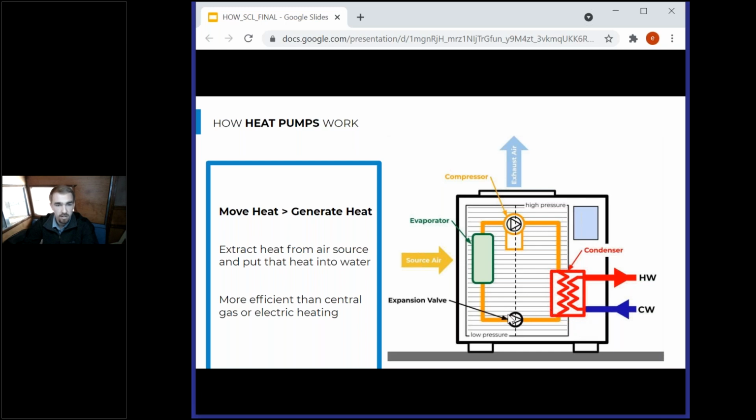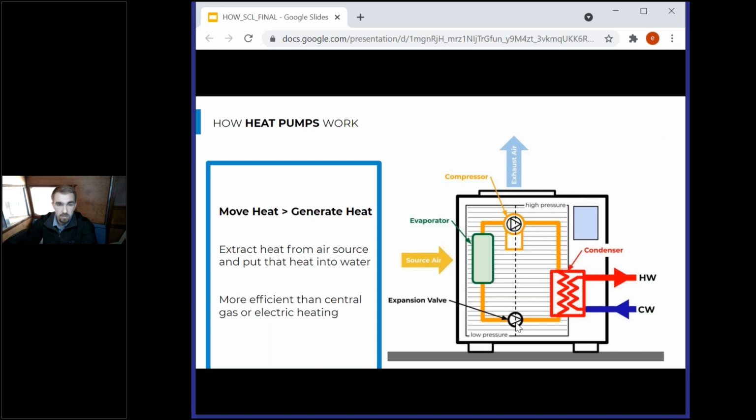So now, if you have a really cold half of the loop here, and now you have an air coil on this half of the loop, you can pass relatively cool air over that coil, and now that air is actually warmer than that cold side of the loop. So it's that half of the loop that's sucking heat out of that air, and now that heat can be used in the system.